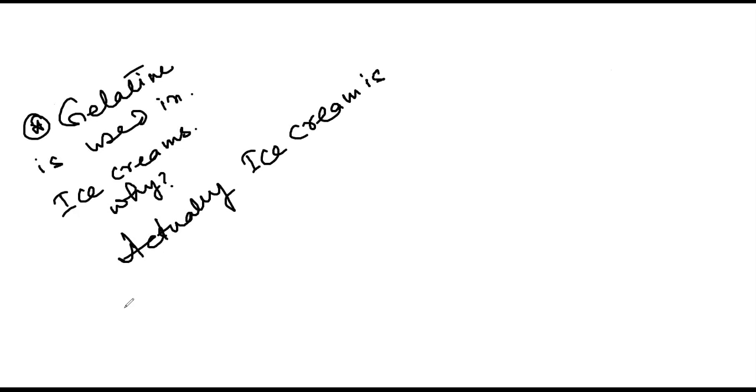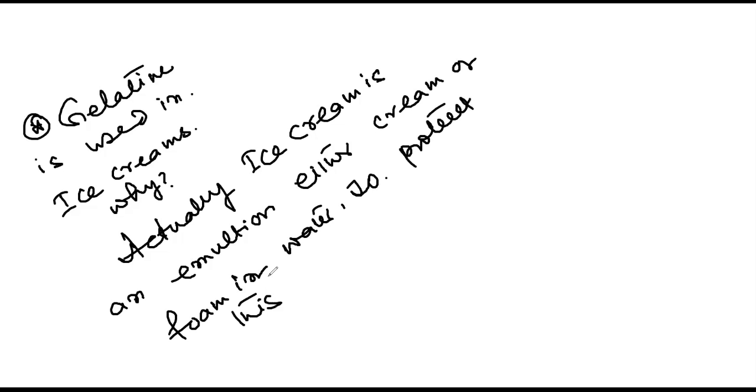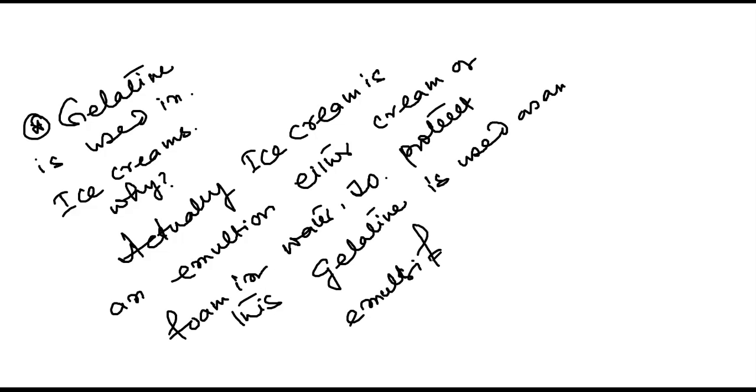Ice cream is an emulsion, either cream or foam in water, and to protect this, gelatin is used as an emulsifier. So this is why gelatin is used in ice creams.